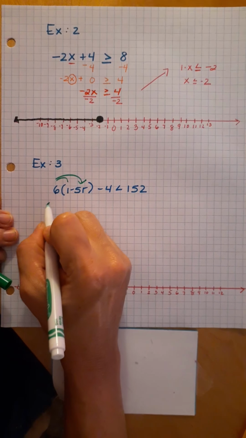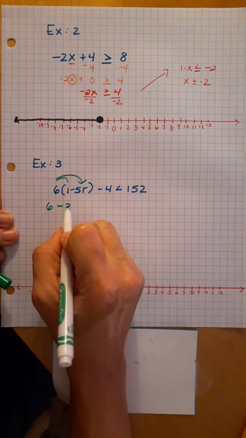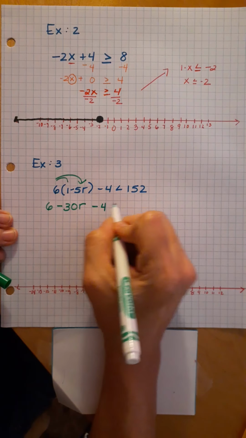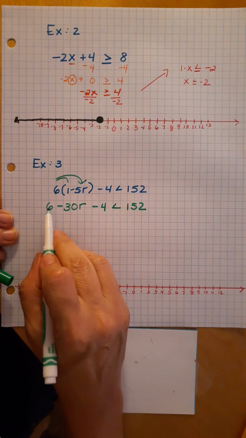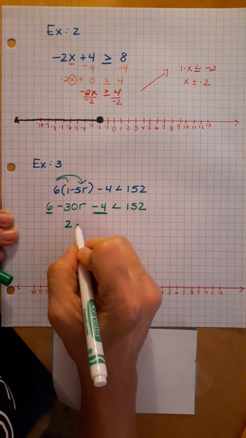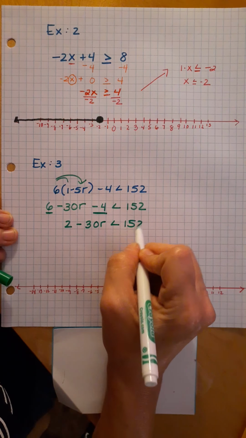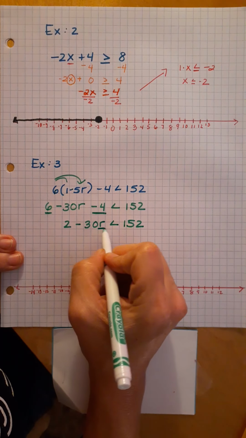6 times 1 is 6. 6 times negative 5r is negative 30r. Minus 4 is less than 152. I have a 6 and I have a minus 4. That gives me 2 minus 30r is less than 152. See how that's looking a little better? I need to get my r alone.